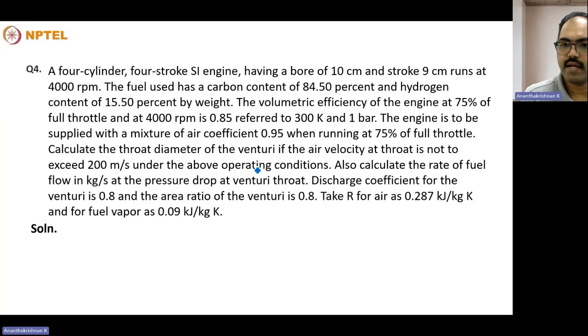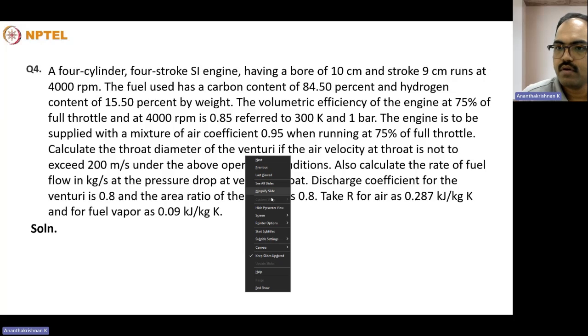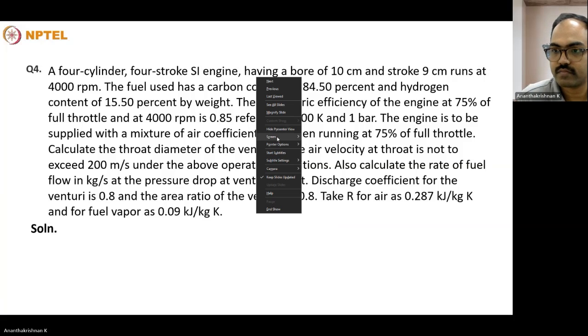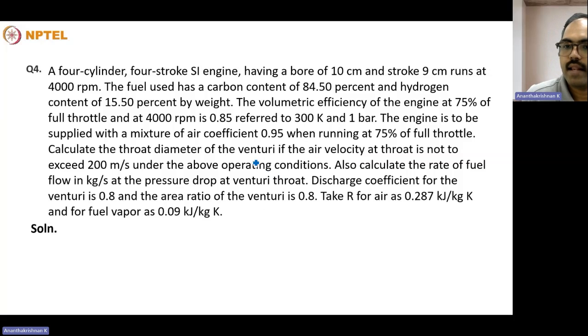The engine is to be supplied with a mixture of air coefficient 0.95 while running at 75% of full throttle. Calculate the throat diameter of the venturi if the air velocity at the throat is not to exceed 200 meter per second.